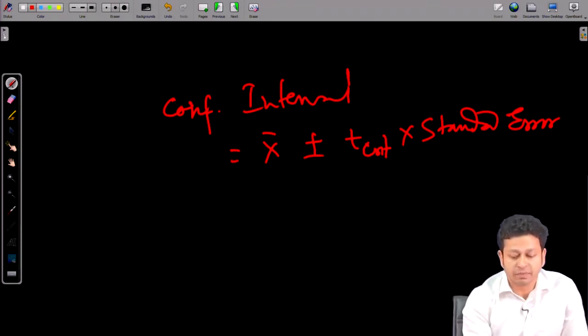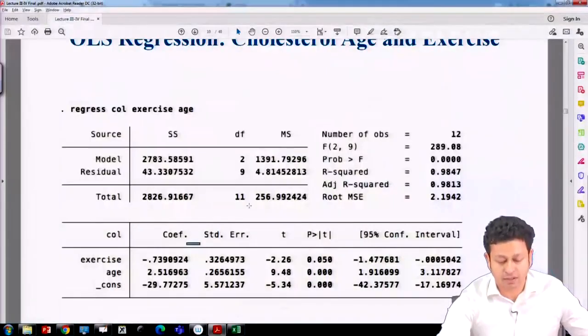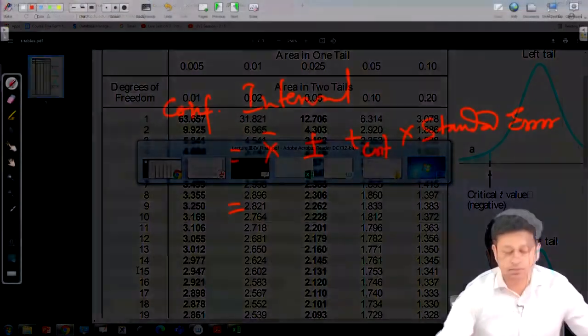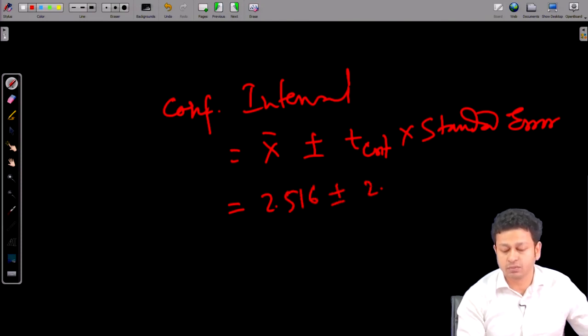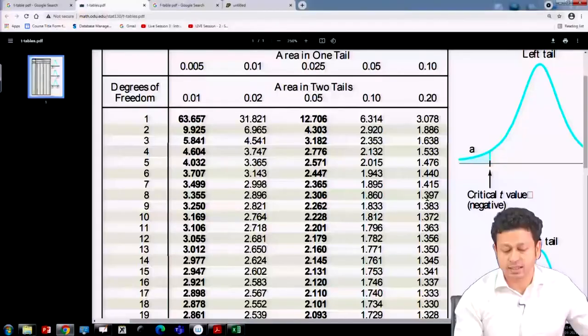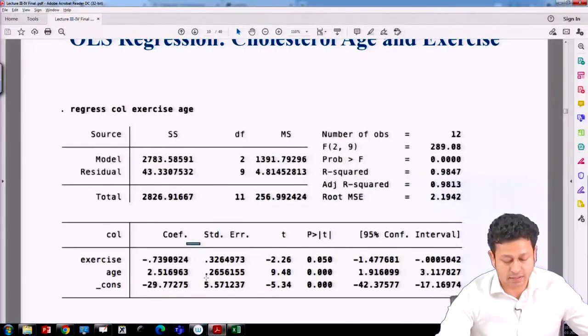So let's say we do it for age. The x bar is 2.516, the t critical is 2.201, and the standard error that we had for this is 0.265.